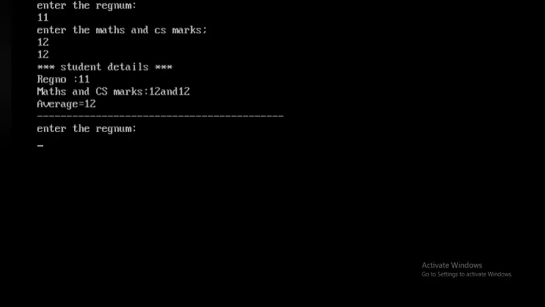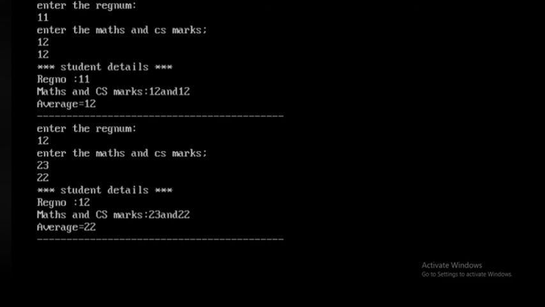You can see 1 1, 12 12, 24 by 2 is 12, then 12, 23, 22. Okay, so you are not getting any further prompt here, so it's going to display the details of two students only.